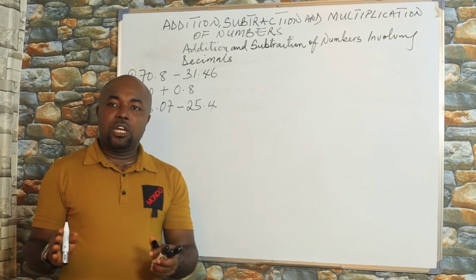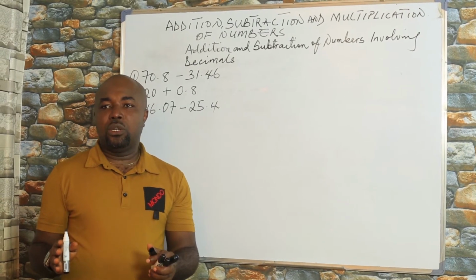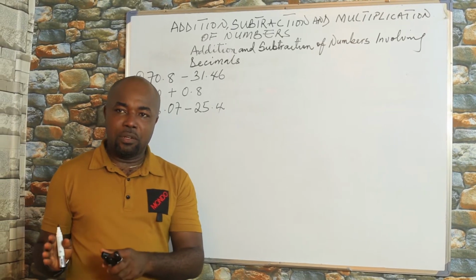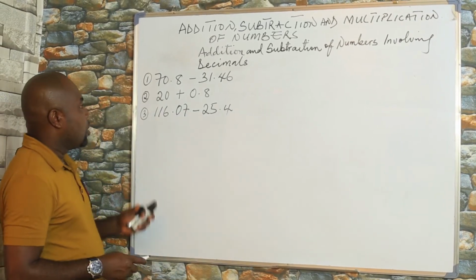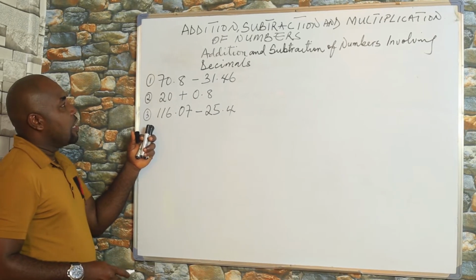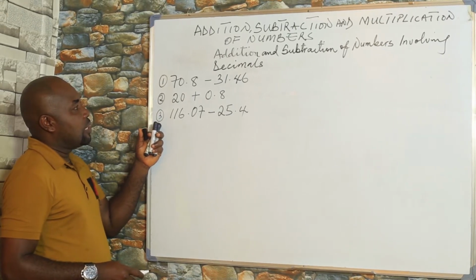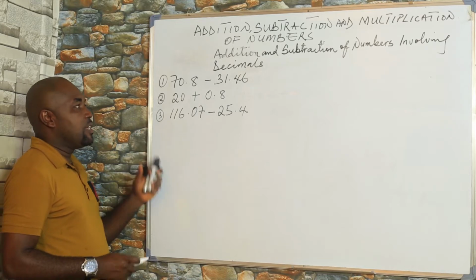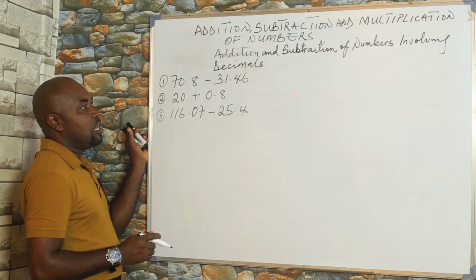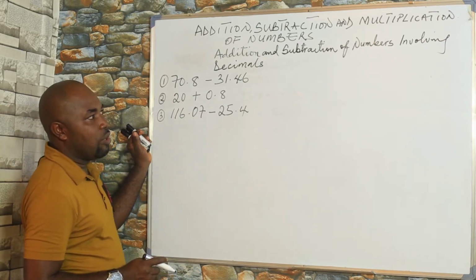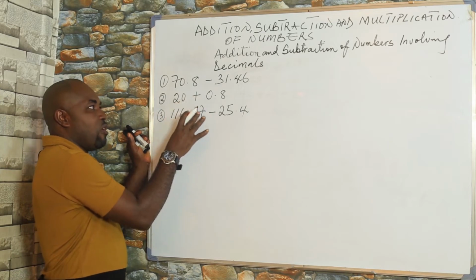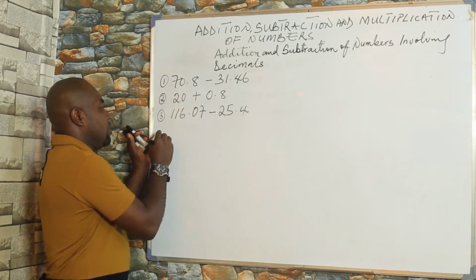Okay, now we shall look at addition and subtraction of numbers involving decimals. If you watch here on the board, you will see examples that I have written down. So let's take these examples so that we'll understand another aspect of addition and subtraction of numbers. This one involves decimals.